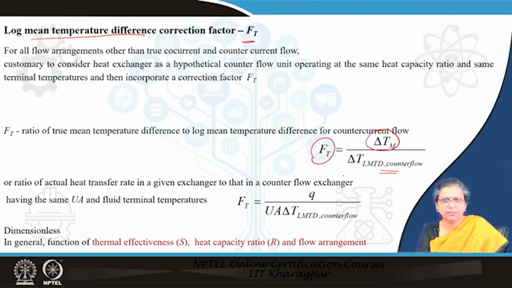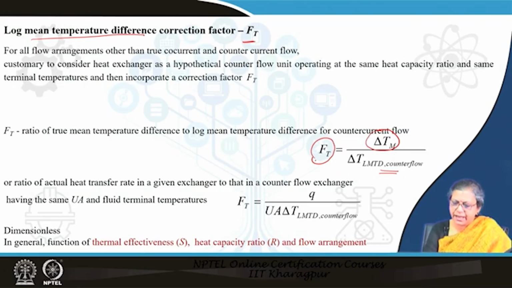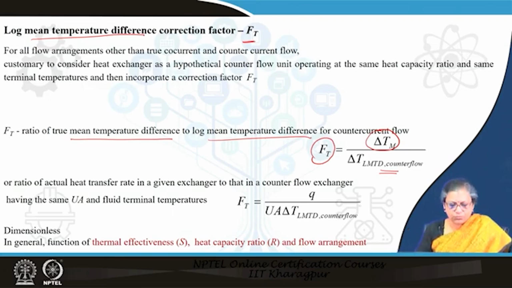If you assume a co-current flow, the LMTD will be less, and therefore you will go for a higher area than what is required. So to strike an optimum balance and ensure that you do not go for either an extreme over design or an under design, we propose this FT correction factor, which is the ratio of the true mean temperature difference to the log mean temperature difference for counter current flow.